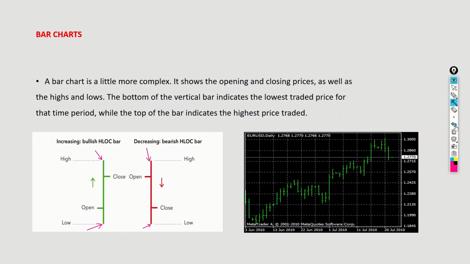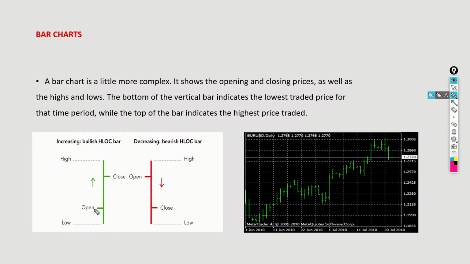When you look at this bullish bar or candle for a price increase, it shows you that the open price is lower than the close price, and that is why it ends up being an increasing candle, or an increasing bar, or a bullish bar.